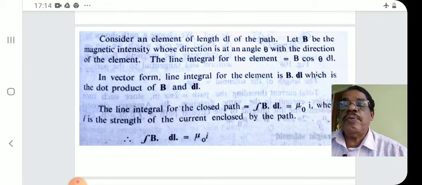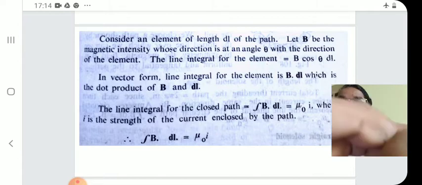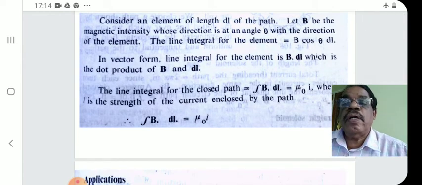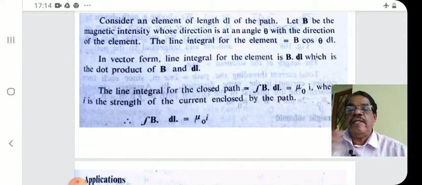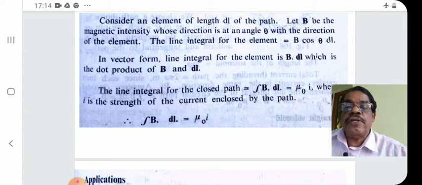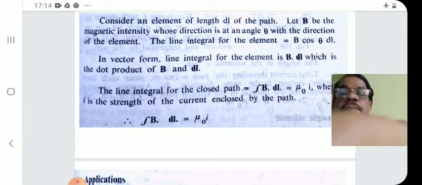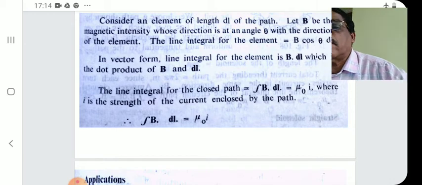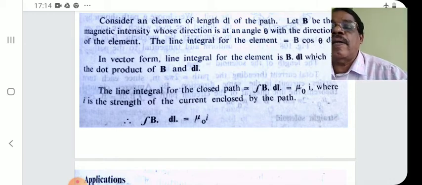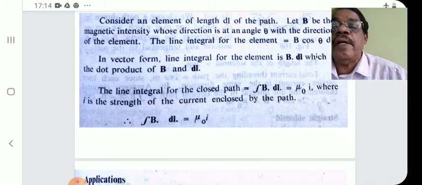The line integral for the closed path is equal to line integral B dot dl. That is integral over L. When you put the integral sign, you have to write L just below it. Line integral B dot dl is equal to mu 0 I. That is the theorem. Where I is the current, the strength of current enclosed by the path.